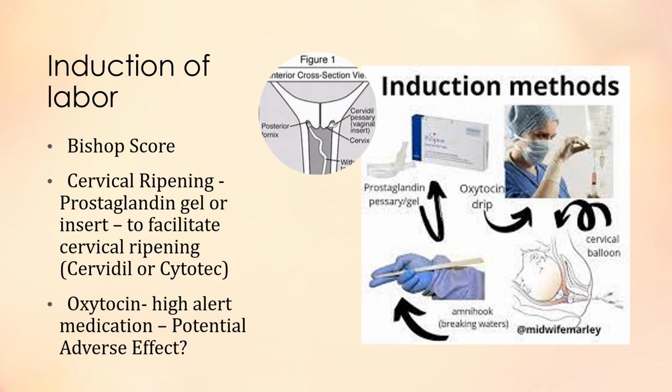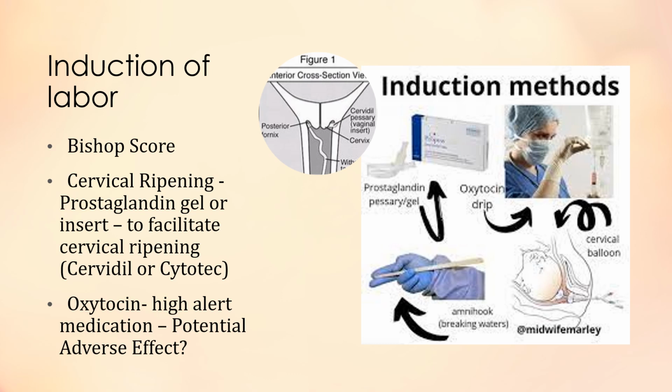Cervidil is one, Cytotec is another one. That's a little pill that contains prostaglandins that can be placed up near the cervix as well. Interestingly, it can also dissolve. She can put it under her tongue or in her mouth. It can also be placed rectally and dissolved, and that's actually what we do in the case of a postpartum hemorrhage; you'll see this medication, Cytotec, again.